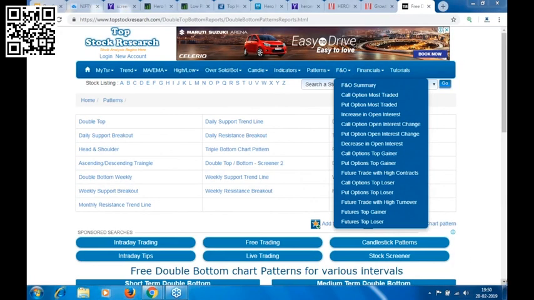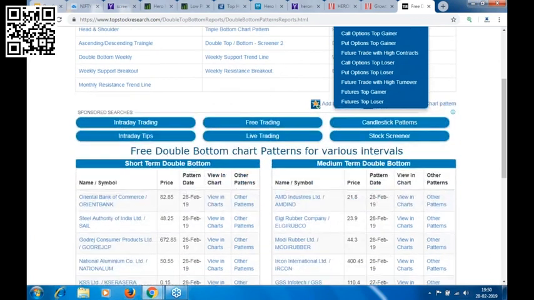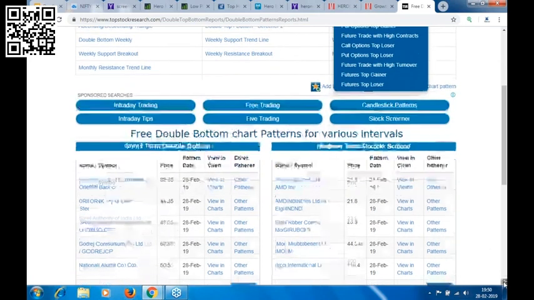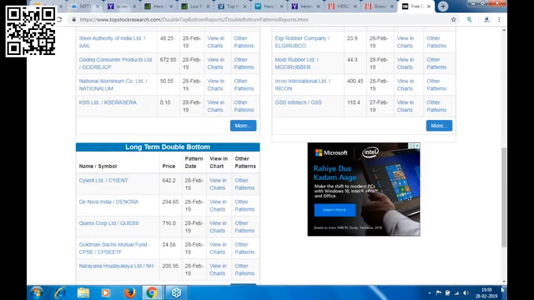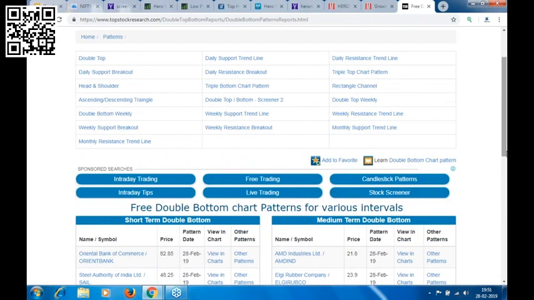So for your technical analysis purpose, you can use this website as well, like double bottom chart pattern for various intervals. Like this is for double top for short term, this is for medium term, and this is for long term chart, a list of stocks that they have given you for double top pattern. So this is another website that you can use for your technical analysis purpose.